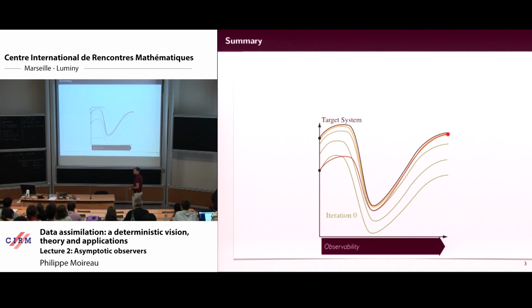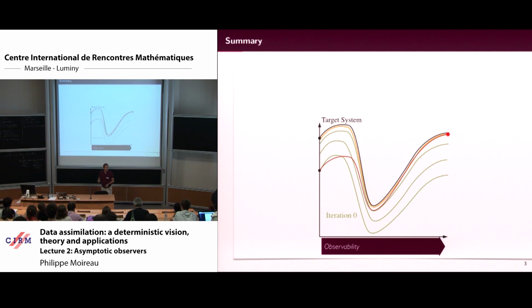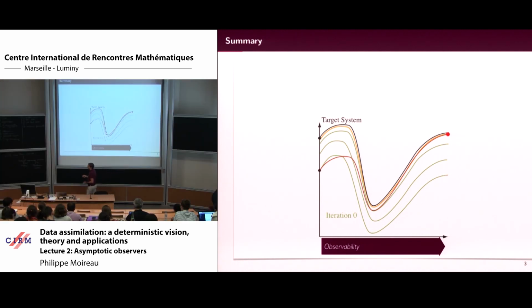The counterpart is that in order to compute this estimator, you need to compute either a Riccati equation or an HJB, something which is very huge to compute numerically, and that's why for PDEs it's quite difficult to compute actually.